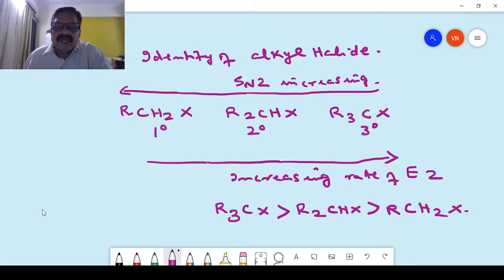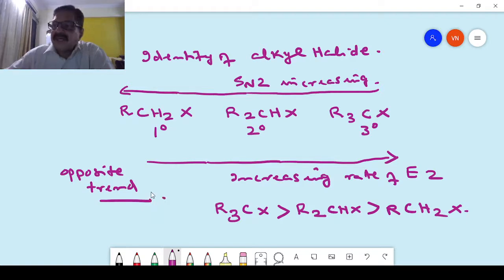So the order will be reversed. The trend is opposite. This is the major difference between E2 and SN2.